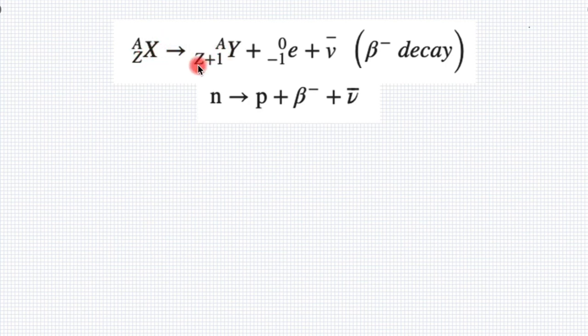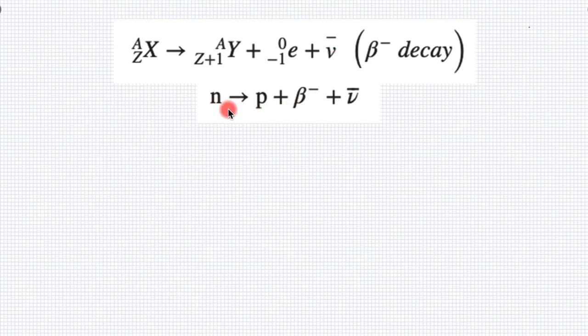So you can see here the proton number increases by 1, and if we apply our conservation of charge and our conservation of mass, this number here should give us this number here. So if you take that 1, it leaves us with a Z. And of course, the antineutrino has no charge, no mass.